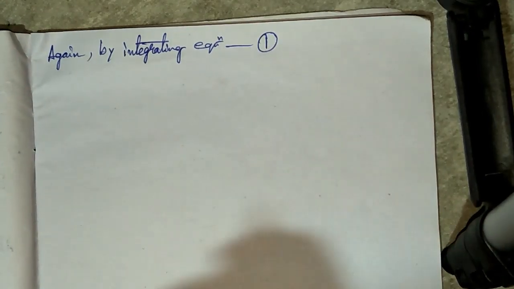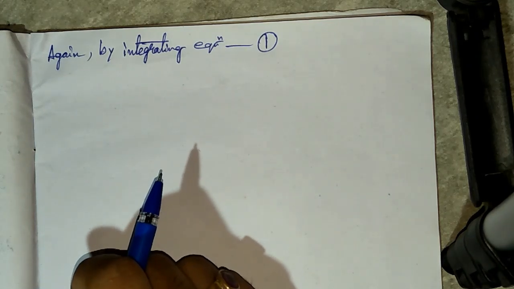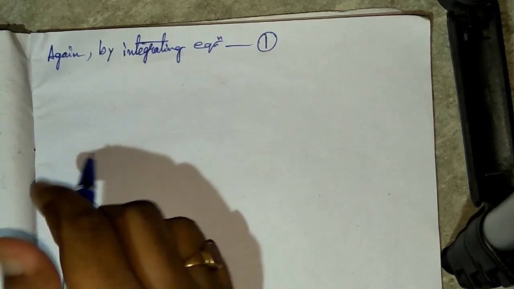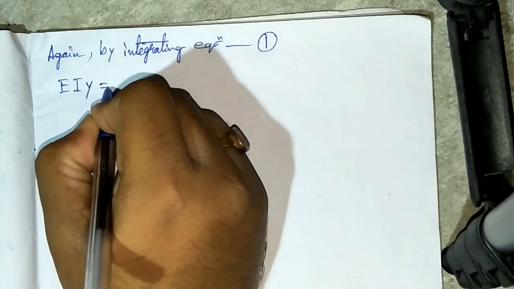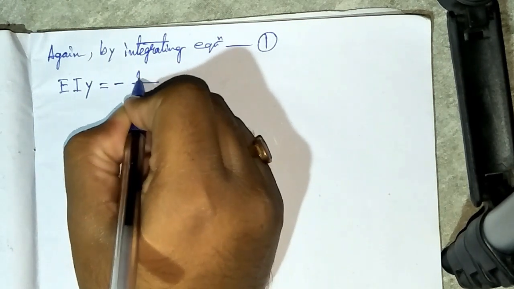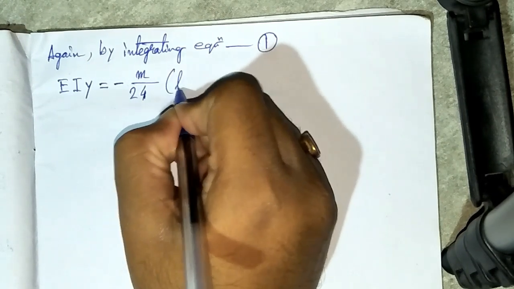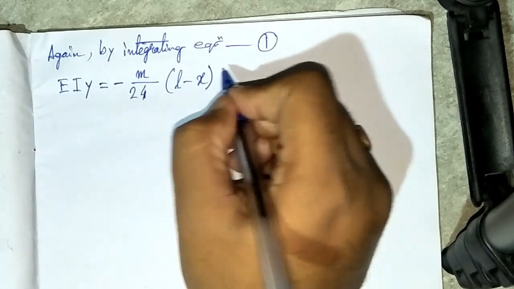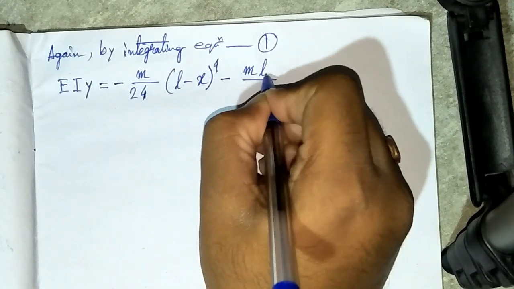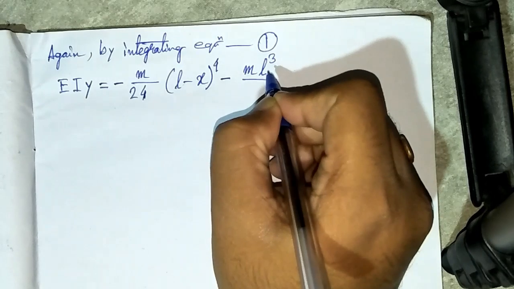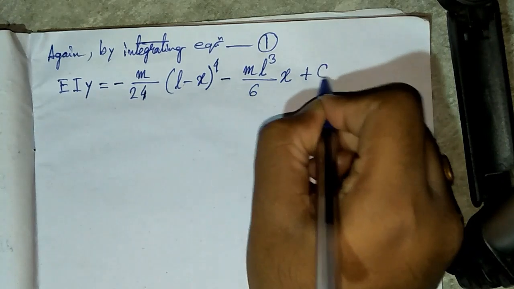Again, by integrating equation number 1, that means the slope equation, we get EI into y equals minus w by 24 into (L minus x) to the power 4 minus w L cube by 6 into x plus c2.